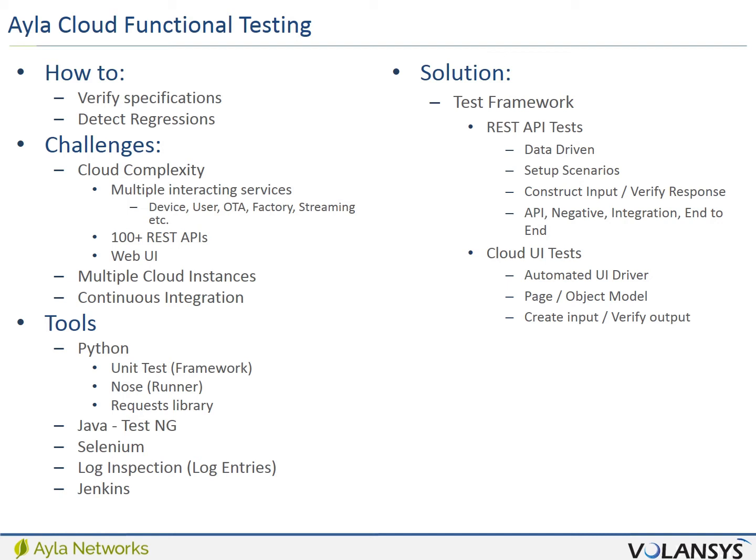These are equivalent to Python with unit test. We also use Selenium WebDriver to interact with our web UIs. We also have log inspection tools which help us diagnose failures in the cloud. Jenkins is used for continuous integration testing where code changes trigger tests to be run.